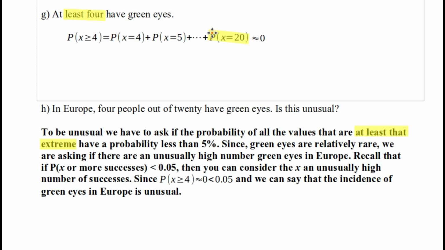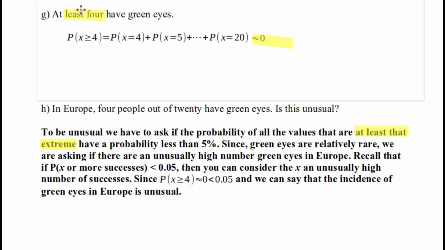So for us to talk about at least 4, well, that is at least at that extreme. So 4 folks with green eyes, 5 folks with green eyes, all the way up to 20 folks with green eyes. And we've calculated that probability. That probability is 0%. So we know that it is less than 5%.